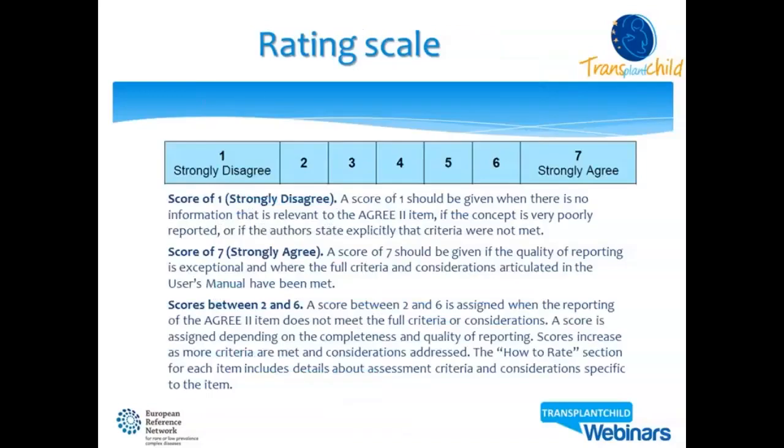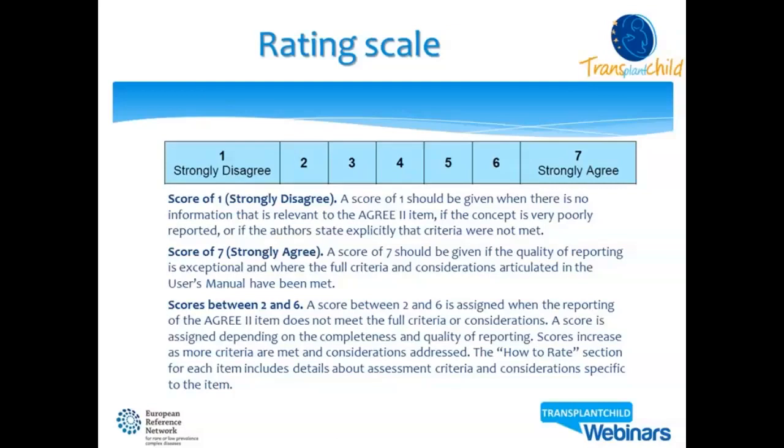So how do we rate? As I mentioned before, we have a rating scale from 1, which means strongly disagree, to 7 strongly agree. We score 1 when there is no information about this item at all, or the concept is very poorly reported, or even if the author states clearly that the criteria were not met. So this is the case where we score 1.